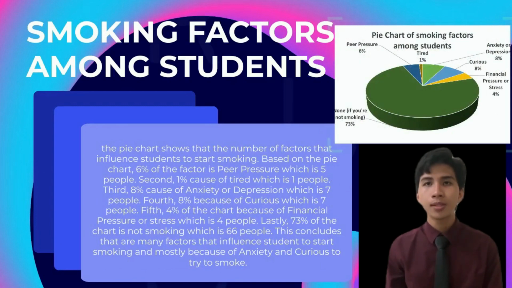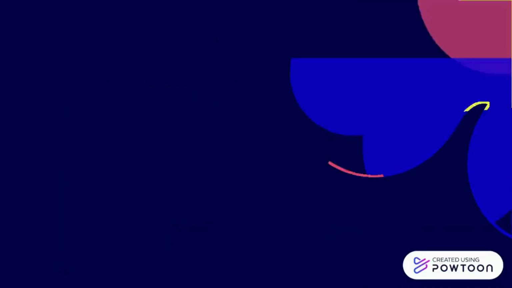Fifth, 4% of the chart is because of financial pressure or stress, which is 4 people. And lastly, 73% of the chart is not smoking, which is 66 people. This concludes that there are many factors that influence students to start smoking, mostly anxiety and curiosity to try smoking.